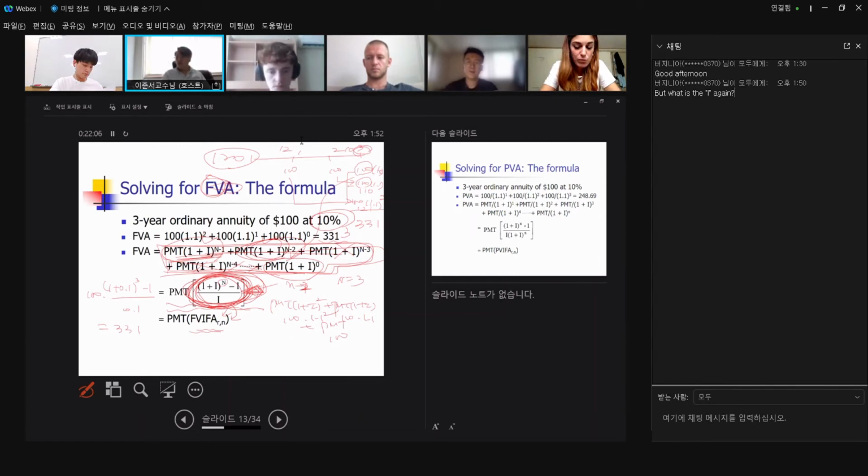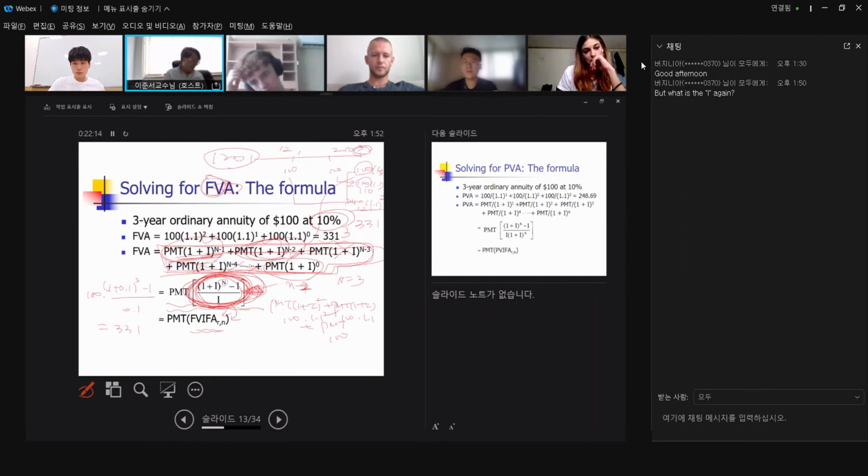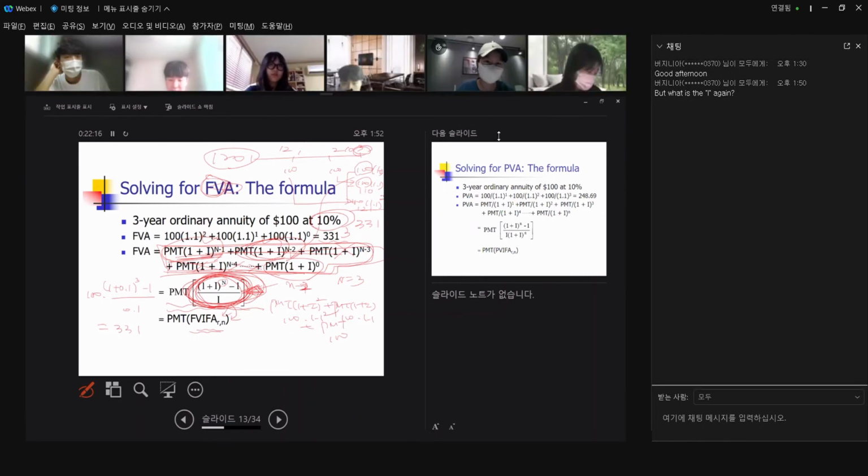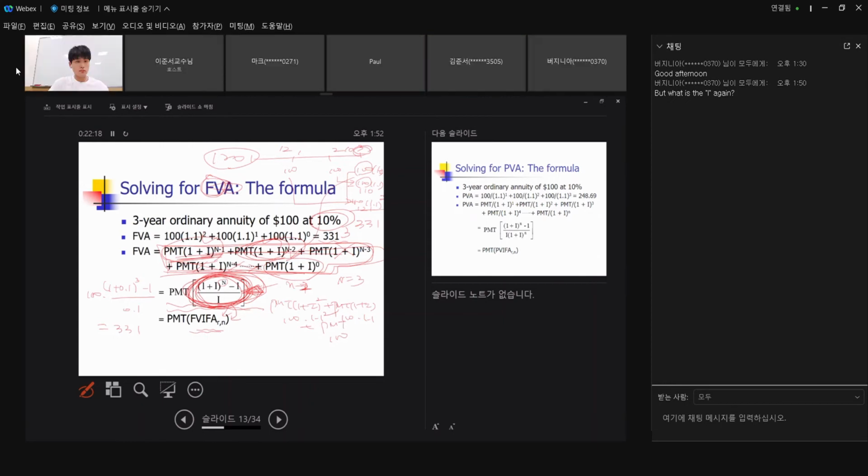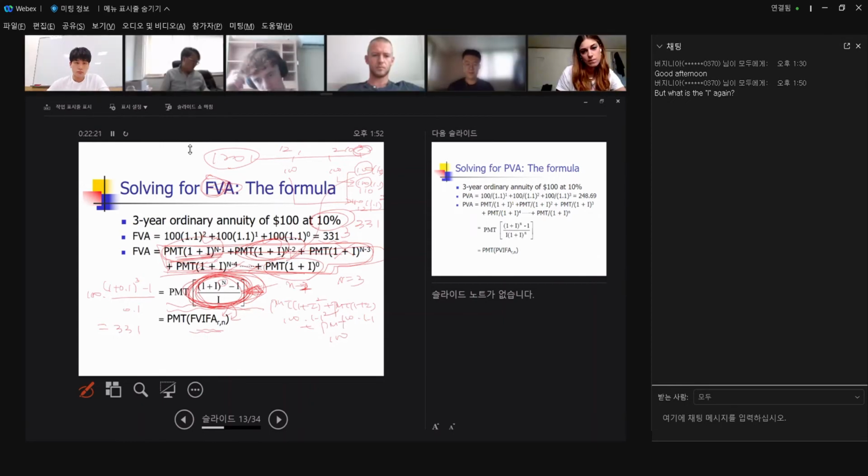I think Yunha is an expert on the table, right? Yunha, right? Yesterday Yunha answered. So where is the table that displays the future value interest factor of annuity? Table E.